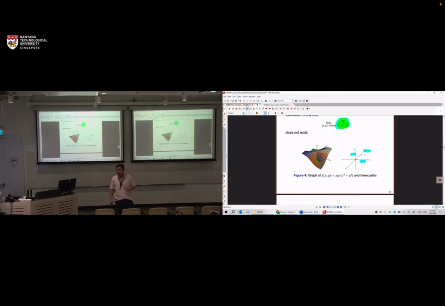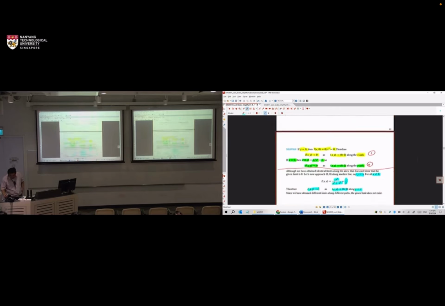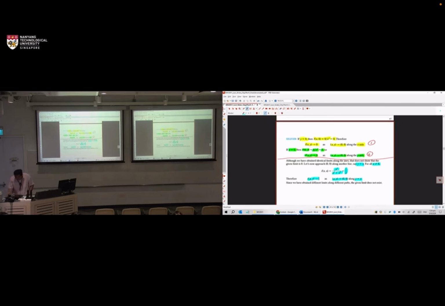Usually, if something happens, these three will tell you. Usually, not all the time. Depending on the question, you must be innovative enough to deduce carefully. After this, since we have obtained different limits along different paths, you are in a position to say the given limit does not exist.